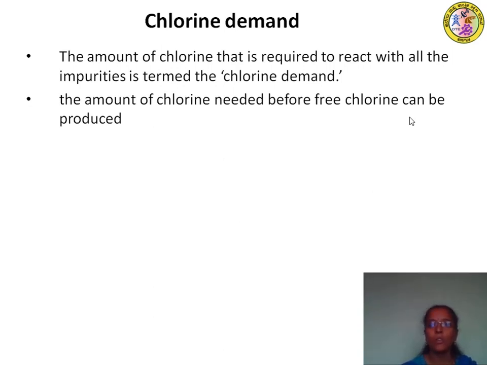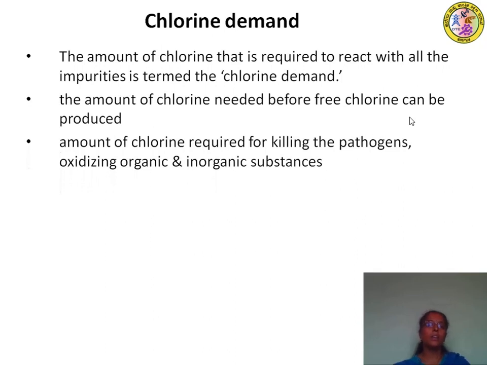So the amount of chlorine needed before free chlorine is produced is called chlorine demand. It is also taken as the amount of chlorine required for killing the pathogens and oxidizing organic and inorganic substances.